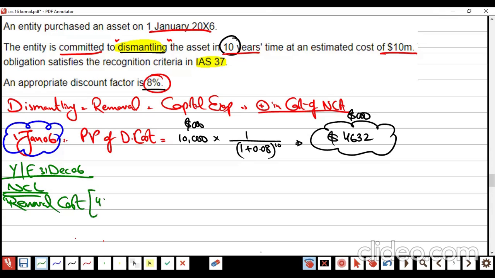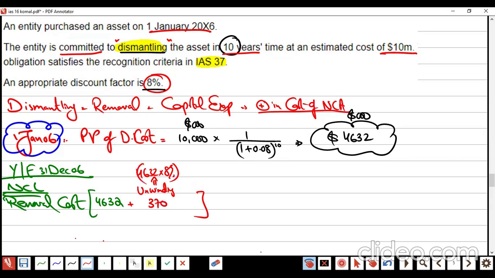It is 4632, but it's year end, so a little unwinding is required. The unwinding formula is present value multiplied by the percentage. The answer is 370.